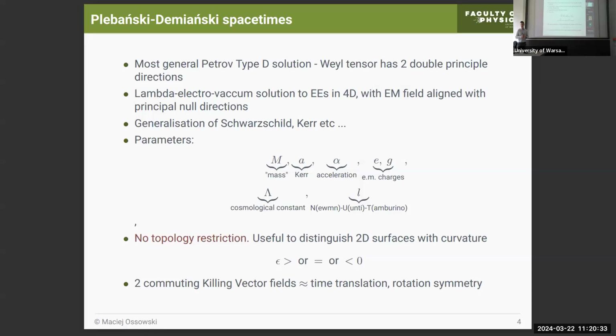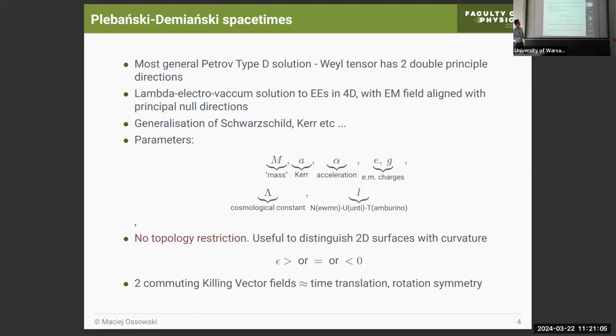of spacetimes. And they are very interesting in themselves because they are the most general Petrov Type D solution in 4 dimensions, Petrov Type D meaning that the Weyl tensor has two double principal null directions. And they are the most general solutions to the Einstein-Maxwell equations, possibly with lambda, in 4-dimensional fields, such that the electromagnetic field is aligned with one of the principal null directions.